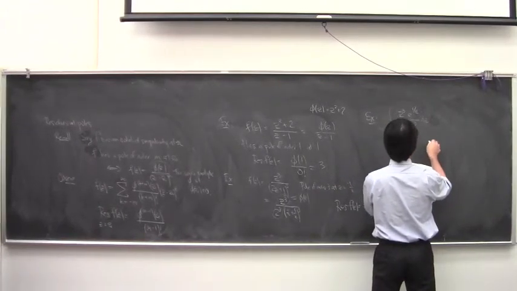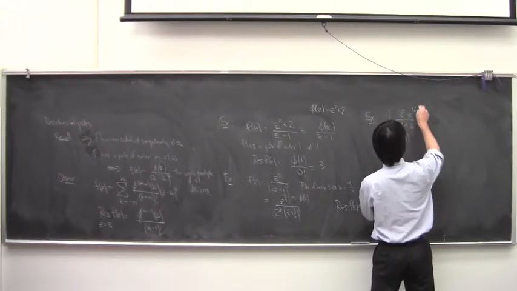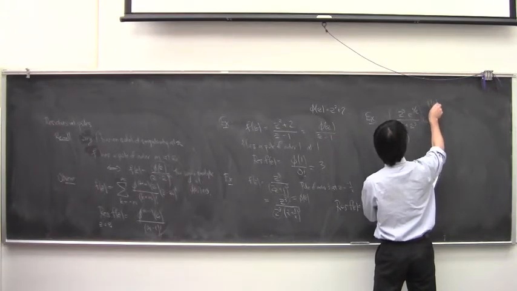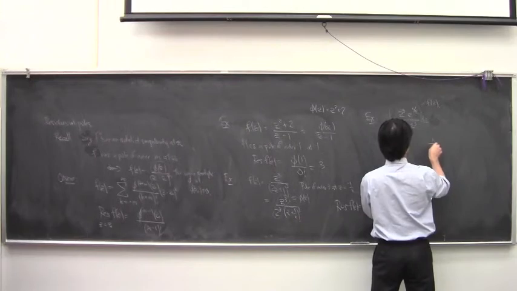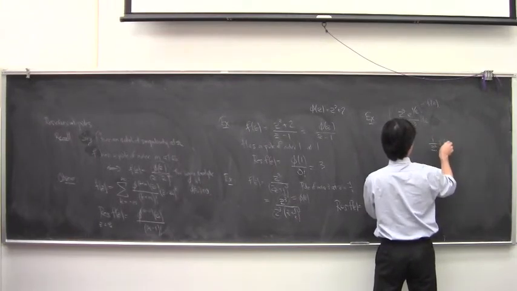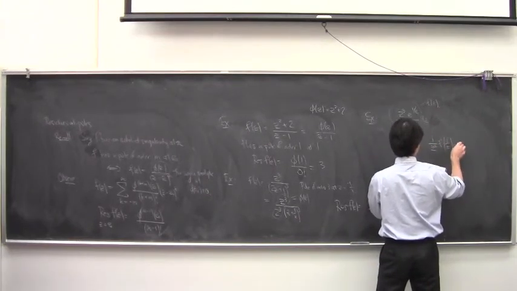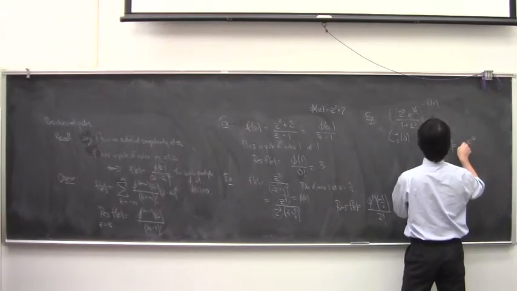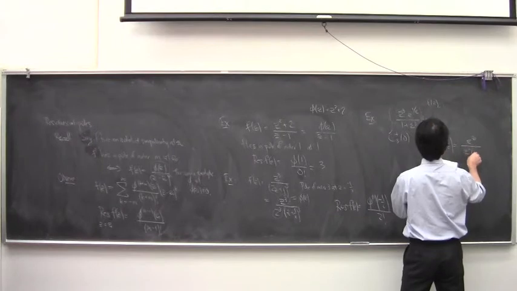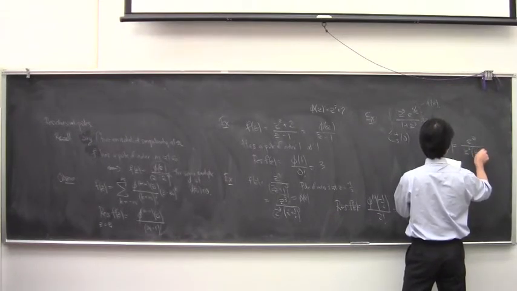So okay, let's call this thing f. If we look at 1 over z squared f of 1 over z, what you end up with is e to the z over z squared (1 plus z cubed).